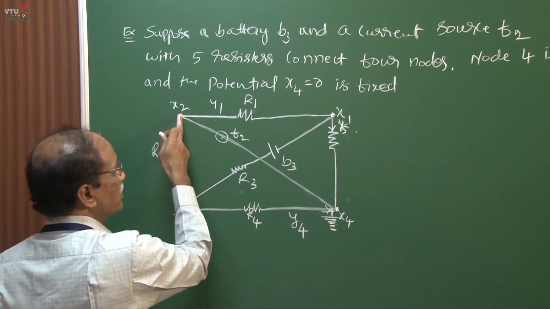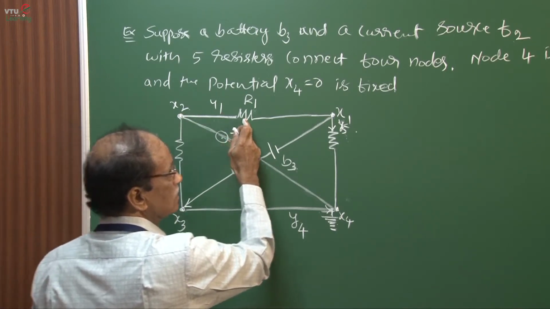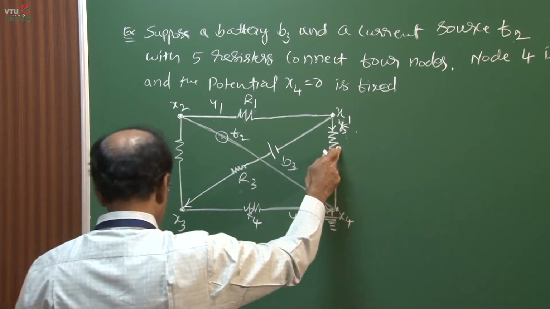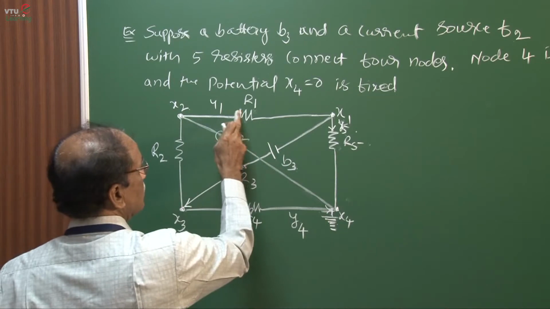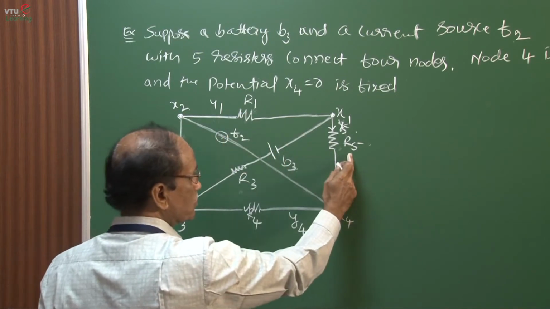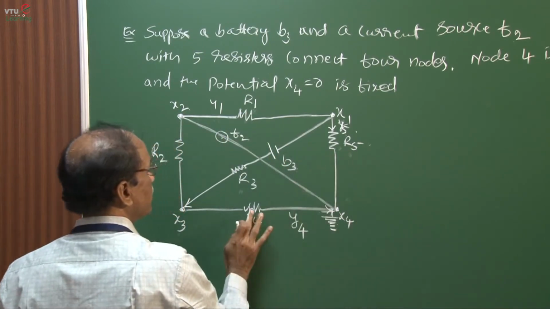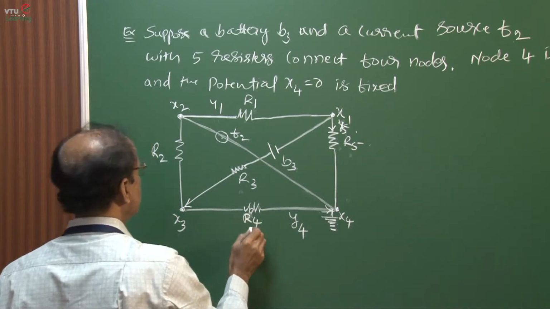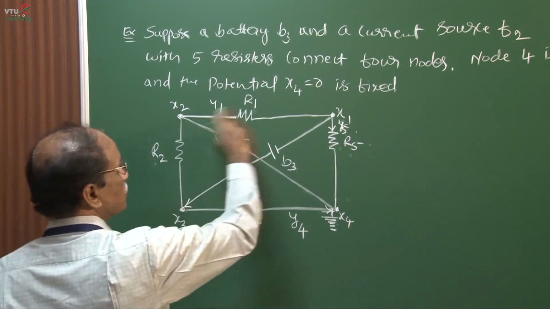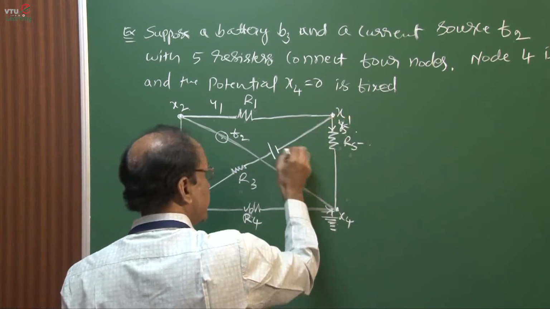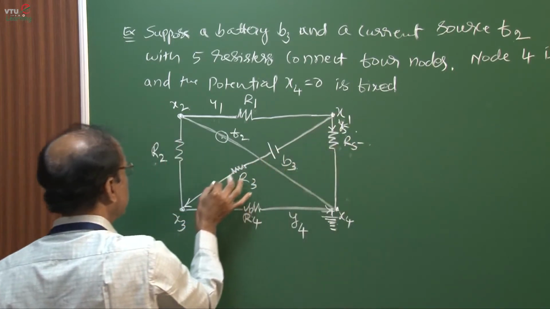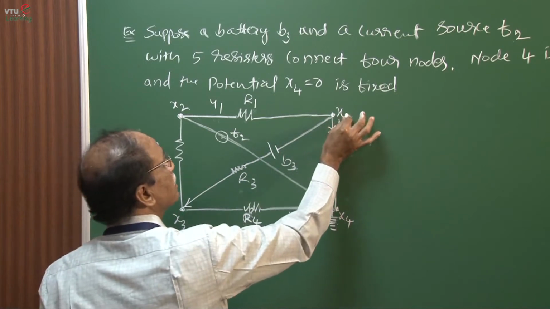The current is flowing through resistance 1 and through the resistances, I have taken 5 resistances. Resistance 1 goes up to resistance 5, then it is resistance 4, from here again resistance 2. So it will come like this, and then the flow of the current with the battery fixed, and this battery line will be from X1 to X3.